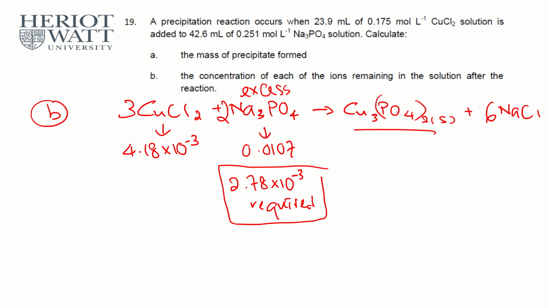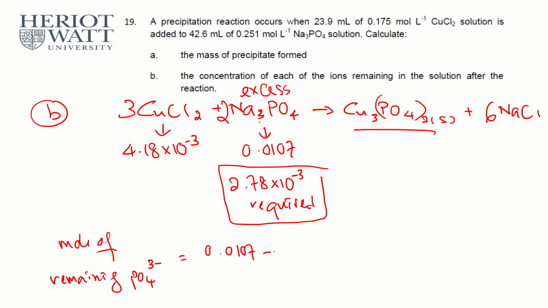Another thing from the solid is the phosphate, PO4. Do we have extra phosphate? Where does the phosphate come from? The phosphate comes from sodium phosphate, which is in excess. So what will be the remaining phosphate here? The mole of remaining PO4 3 minus, the phosphate ion, will be 0.0107.